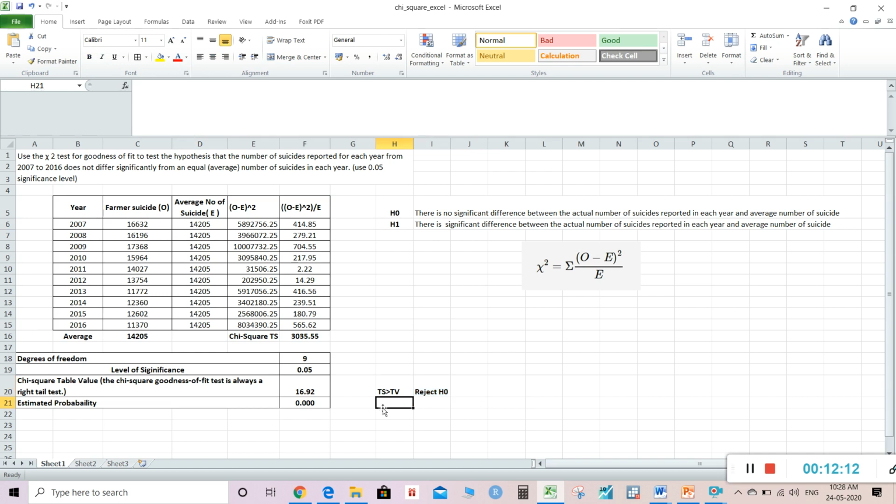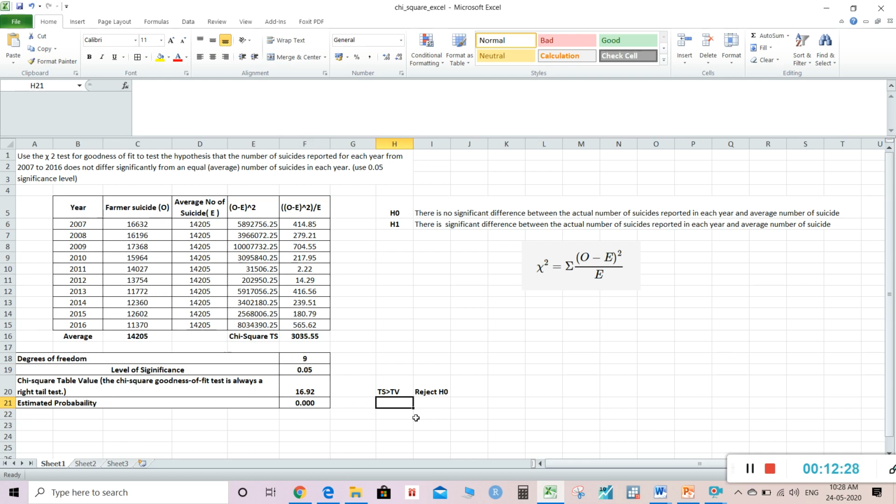The other way is with respect to the estimated probability and the level of significance. If your estimated probability is less than the level of significance, you reject the null hypothesis.